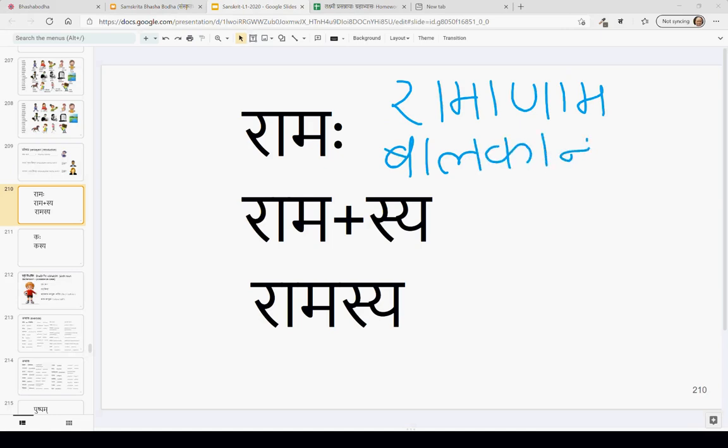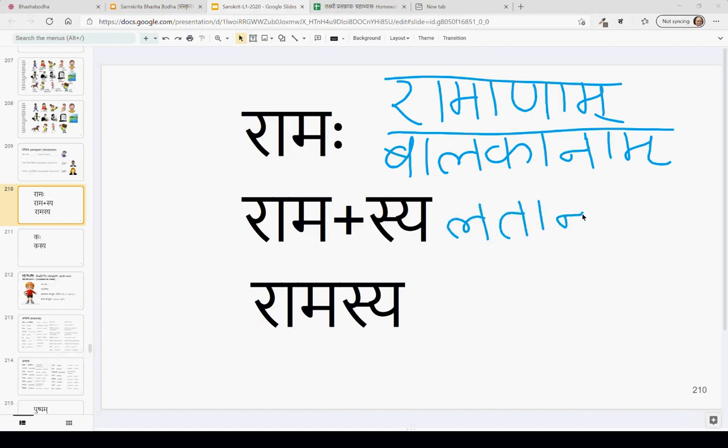Note these forms, Balakanam, Ramanam. And for Akaranta Strilinga like Lata, we have the form Latanam. And for Dirgha Ikaranta Strilinga like Nadi, we have Nadinam.